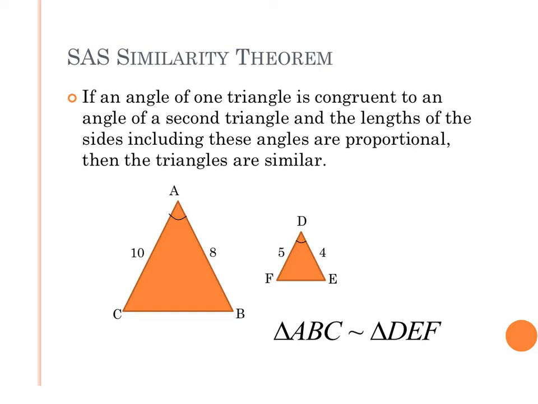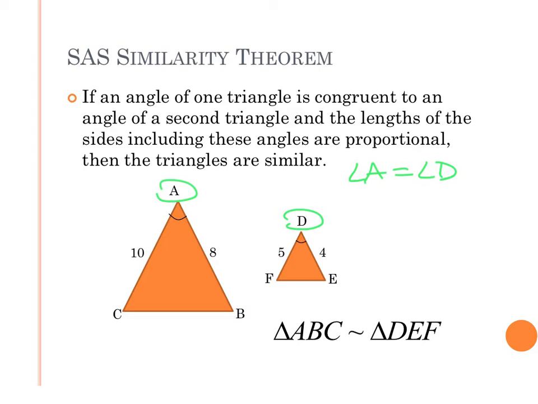So in order for side angle side to work, it must be the included angle. In here, the included angle, the angle that's formed by the two proportional sides, are angles A and D. So I can see that angle A is congruent to angle D.